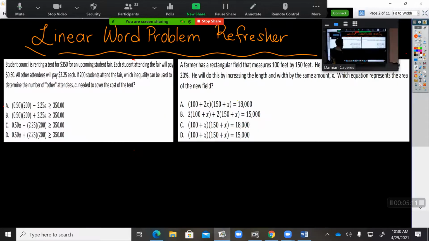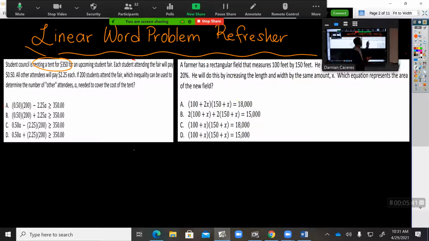So here on the next page, the first question says, the student council is renting a tent for $350. Now, as a reader, when I'm taking notes, I'm going to circle 350 because that is information that can help us. So this is what I'm going to do when I'm telling you to take notes. I'm going to tell you where to circle, what words to underline, things like that.